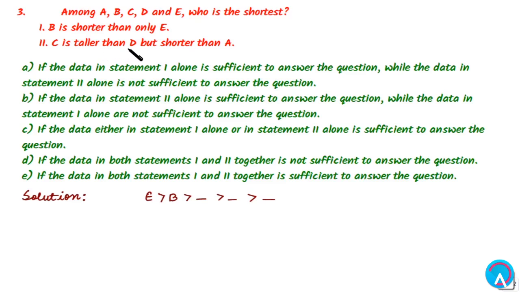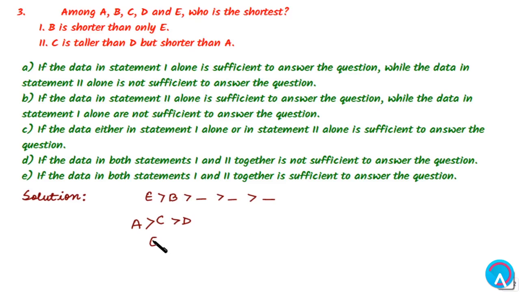Next, it is given that C is taller than D. So C is taller than D but shorter than A. So C is shorter than A. So that means A is taller than C. So this also we have here. A is taller than C, which is taller than D. So these three can be filled here.